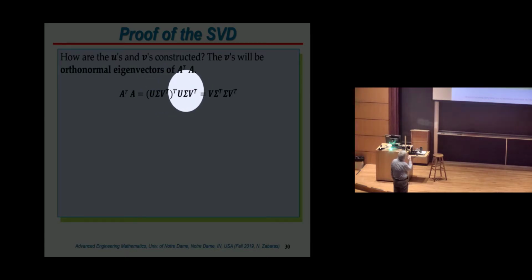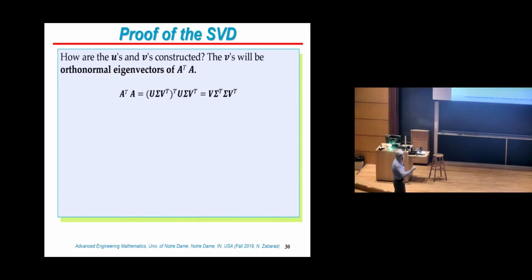We agree? Now, if you take the transpose of this, what do you get? You will get V times sigma transpose, which is sigma, times U transpose, and U transpose times U is equal to, for an orthogonal matrix, what is U transpose times U?